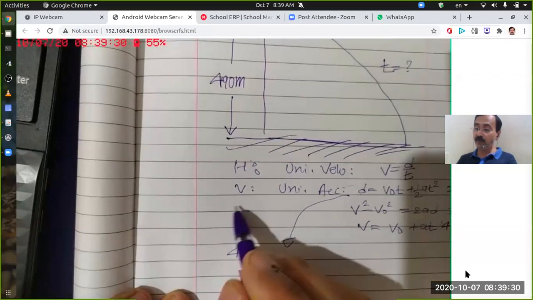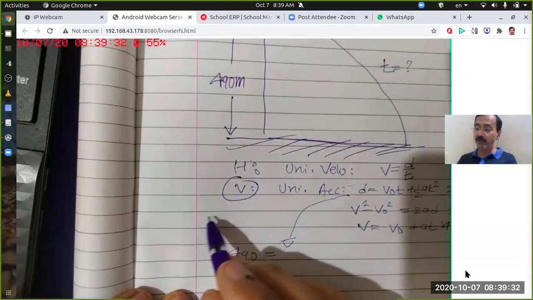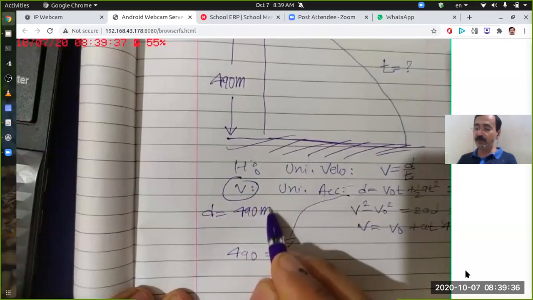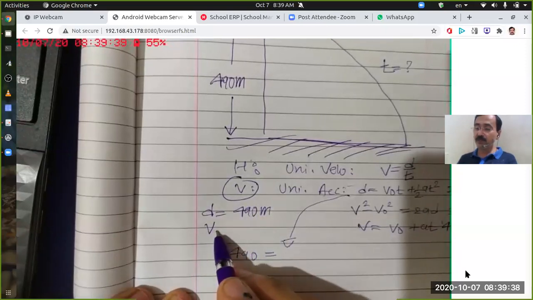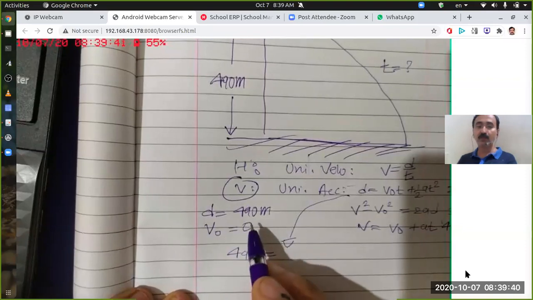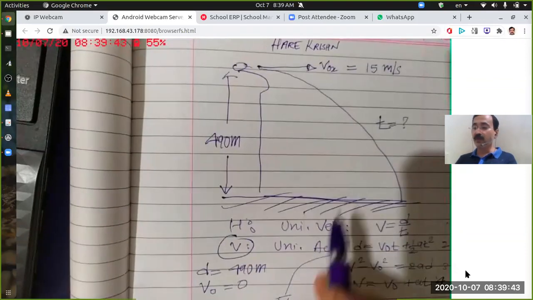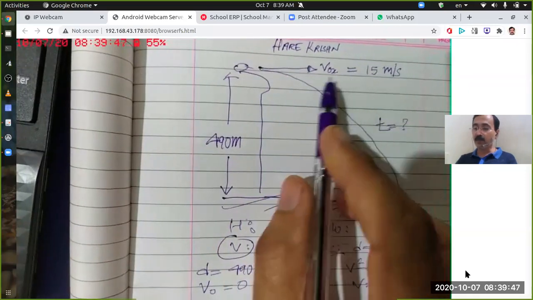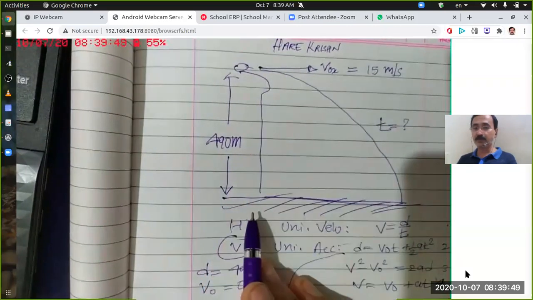So now when you talk about vertically, then displacement is 490 meters. Initial velocity is 0. Why 0? Yes, horizontal velocity was 15, but you are discussing vertical motion.